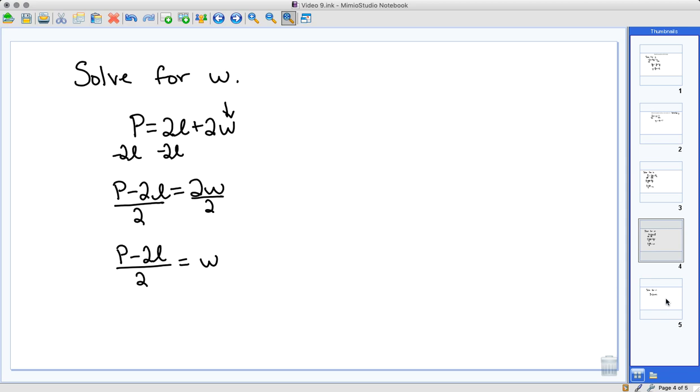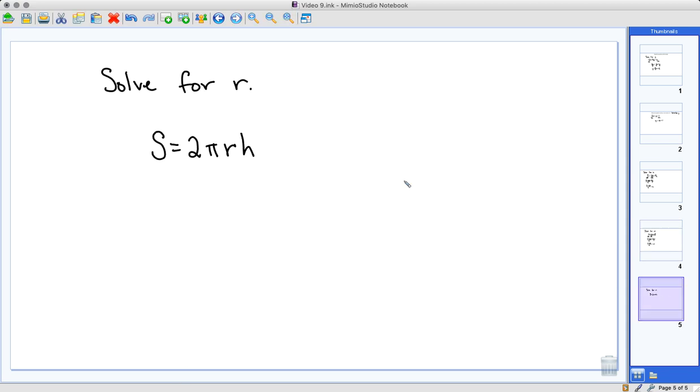Last one uses surface area. We won't get to surface area this year, but you will with geometry. So we're going to solve for r. If you notice, there's no addition sign, there's no subtraction sign, there's no fraction. All of these are being multiplied. So it's 2 times pi, which is again a number, times r times h.